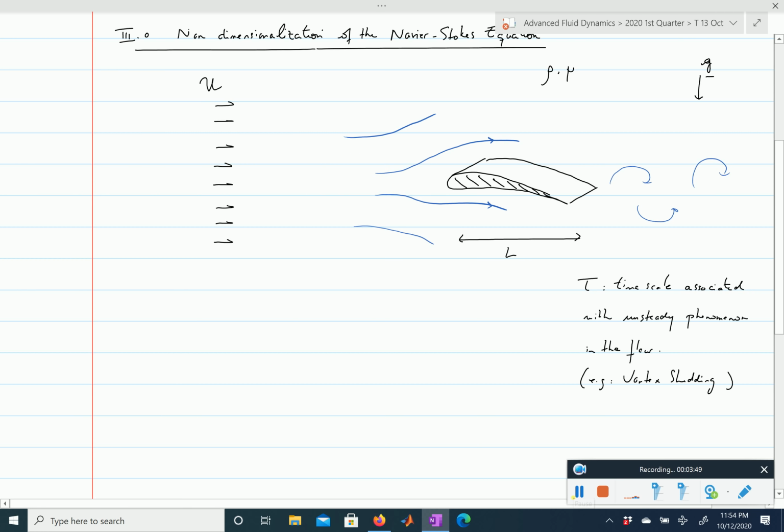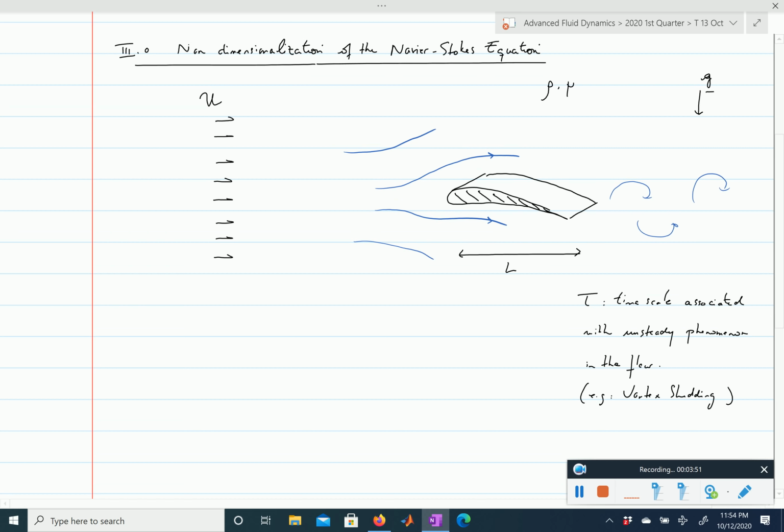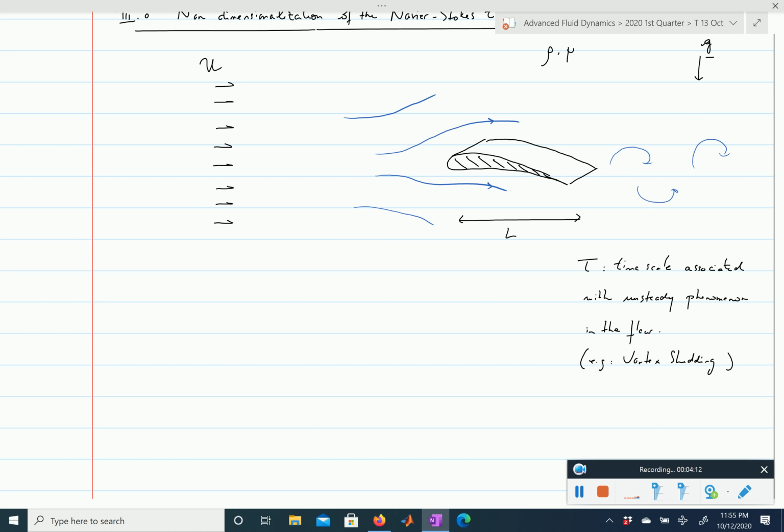Okay, and so now if you think about our Navier-Stokes equation, we have certain material properties, rho, mu, and g. They come into our Navier-Stokes equation. They are just properties. They're always there, and they are already fixed by the problem.